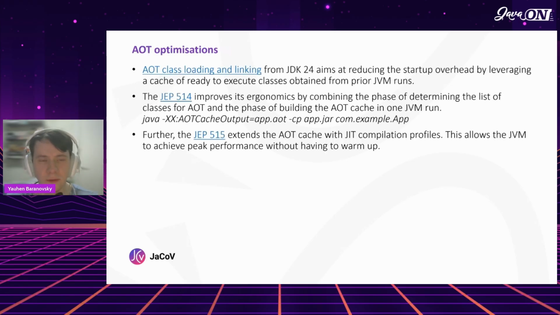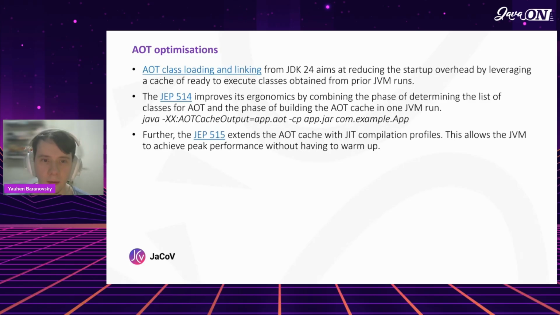The first feature to talk about here is AOT optimization, that's ahead-of-time optimizations. JDK 24 introduced the ability to reuse the metadata that is compiled from class files at runtime in the form of a cache for subsequent runs of your application to boost the startup time.